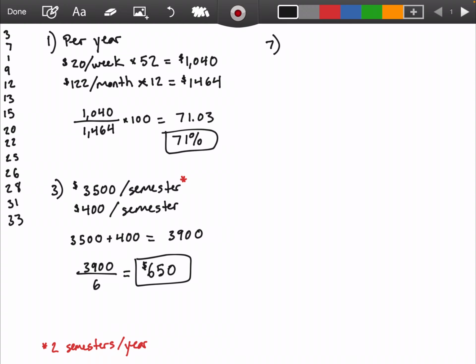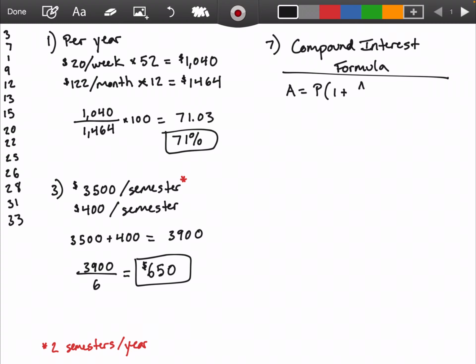And the compound interest formula, I think this formula sheet is also on Canvas, and if it's not, I'm going to make sure it is on Canvas. Okay, there's our compound interest formula.